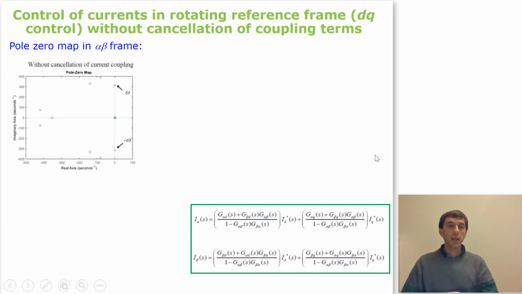So numerically, if we substitute the same numbers as we have used in the previous two controls, alpha beta and DQ control, and we obtain the alpha beta frame pole zero maps applied to these obtained expressions, we realize that, again, as always, we have the steady state poles at the imaginary axis at omega, positive and negative.